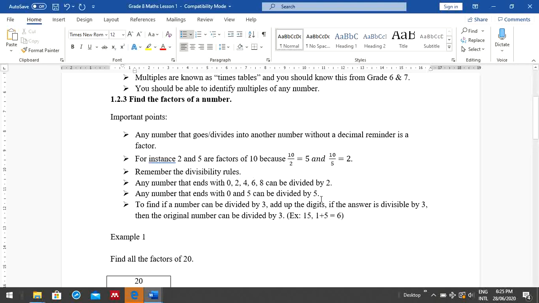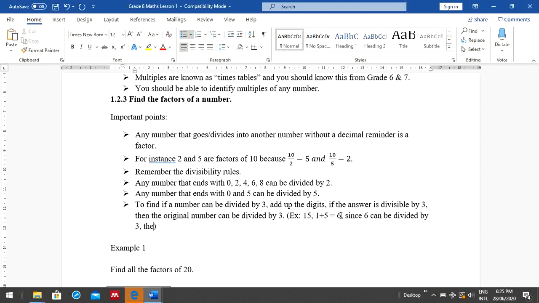Since 6 can be divided by 3, therefore 15 can also be divided by 3.